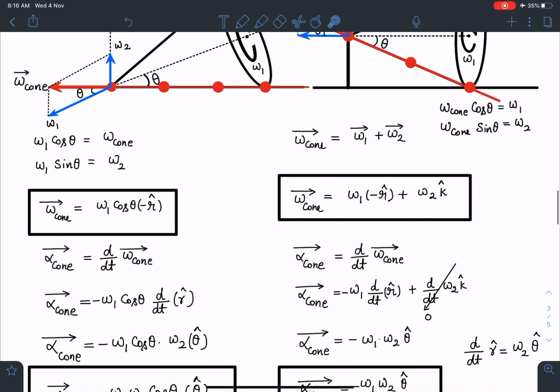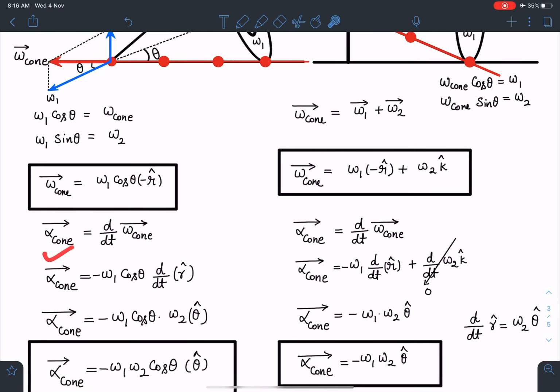So if I differentiate that, I'm going to get alpha of cone. Now omega 1 cos theta is a constant magnitude here, and this will become d by dt of r cap, with the minus sign taken outside. So d by dt of r cap, I can write as omega 2 theta cap. If you don't know the proof of this, you can see my previous videos related to the magical force field.